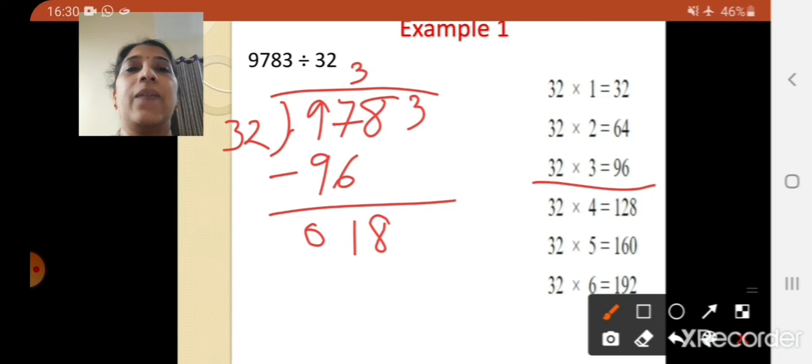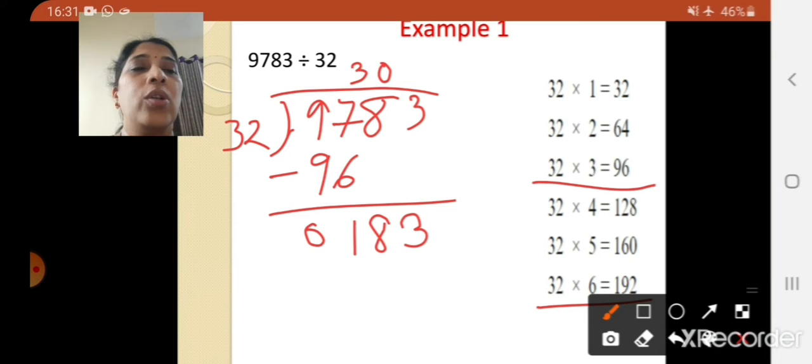Now you can see even 18 is not divisible by 32. So you will take a 0 up and then take the number 3 down, right? Now 183 you can divide by 32. In 32's table, 32 sixes are 192, so you cannot divide by 6.